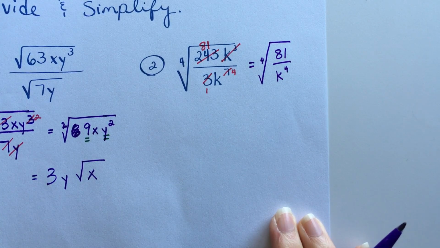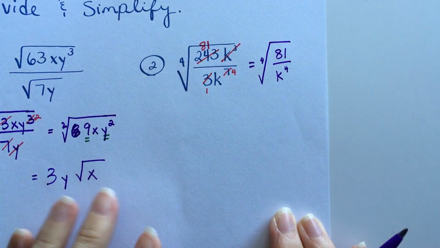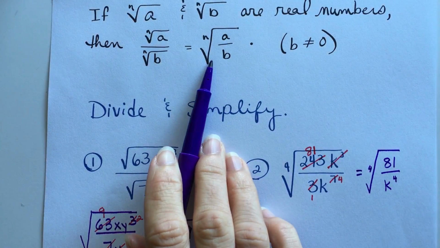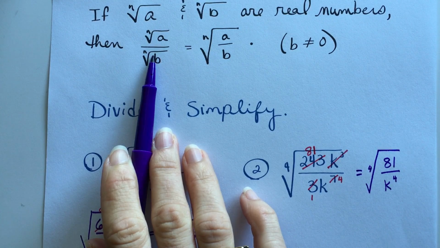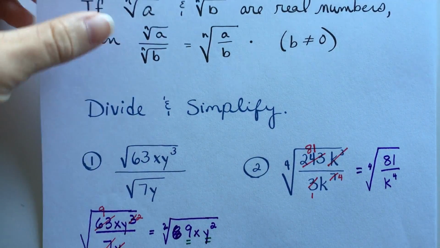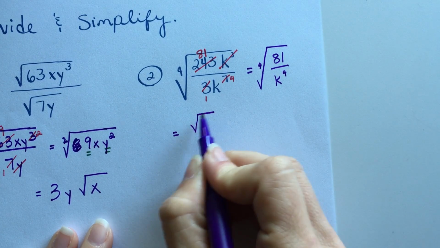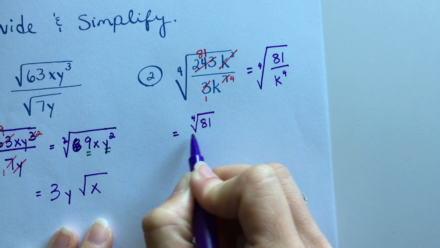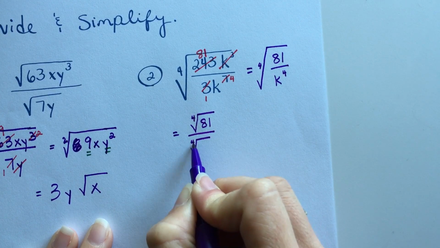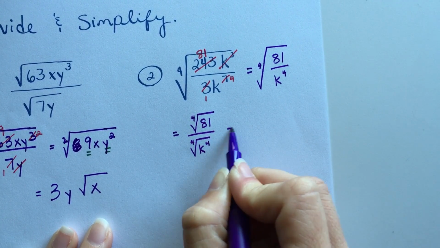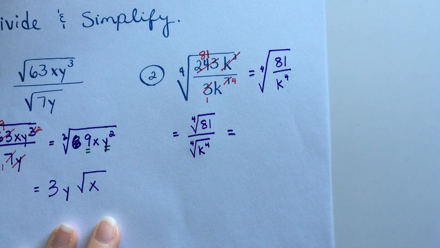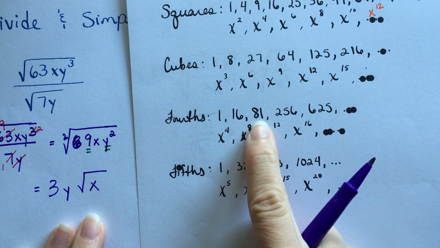Okay, now, your rule says if you've got it written as one big radical, you can separate it up, and that's actually kind of the thought that you would have with this one. So if I were to separate this back up, I would have the 4th root of 81 over the 4th root of k to the 4th. Now, if you look at your list of perfect fourth powers, see 81's on your list.